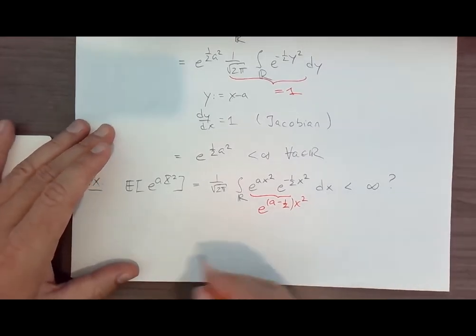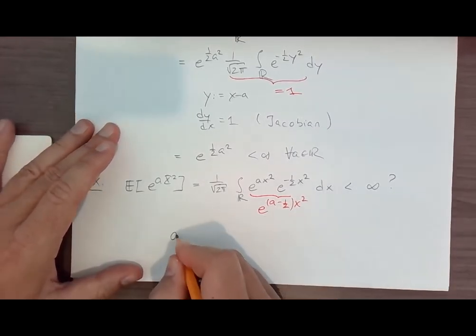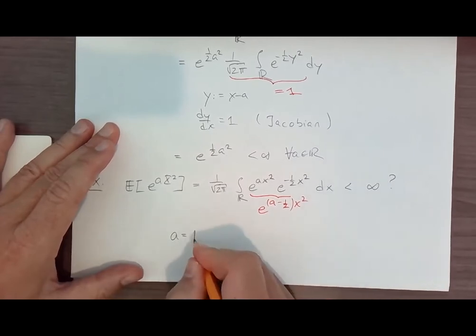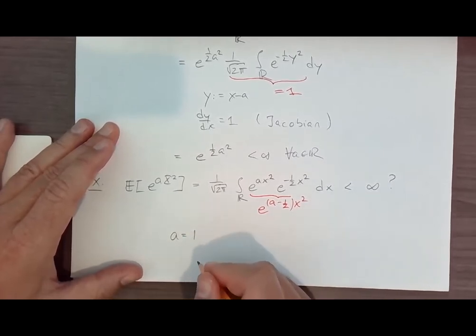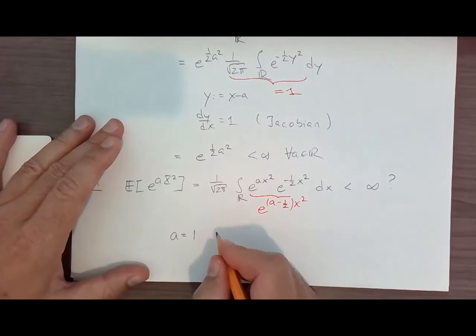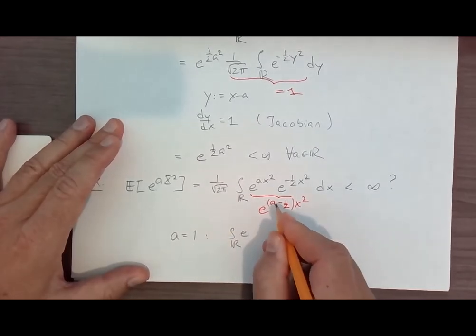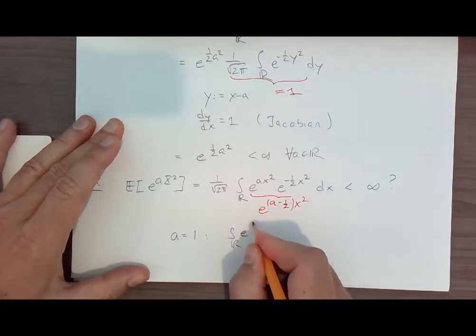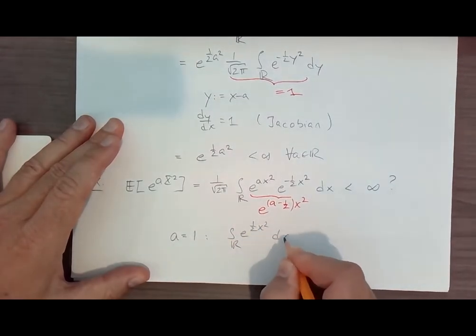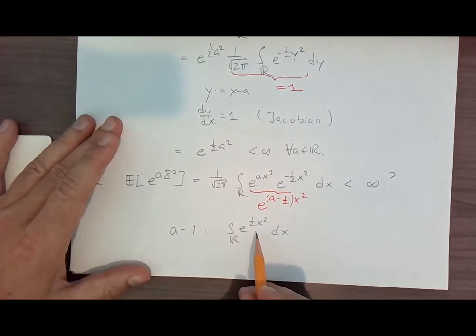Well, to get your hands on it, you can plug in some random values. If a is equal to 1, then I'm asking about the integral of e to the, so this is 1 minus 1/2, this is 1/2. If I integrate something like this, what do I get?